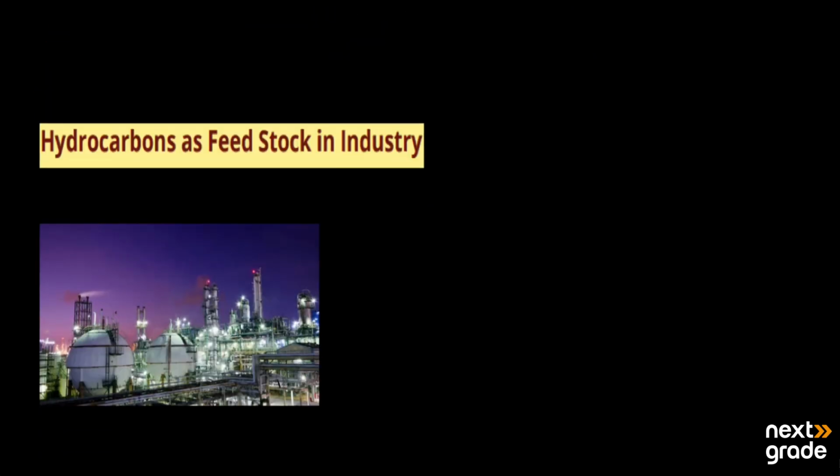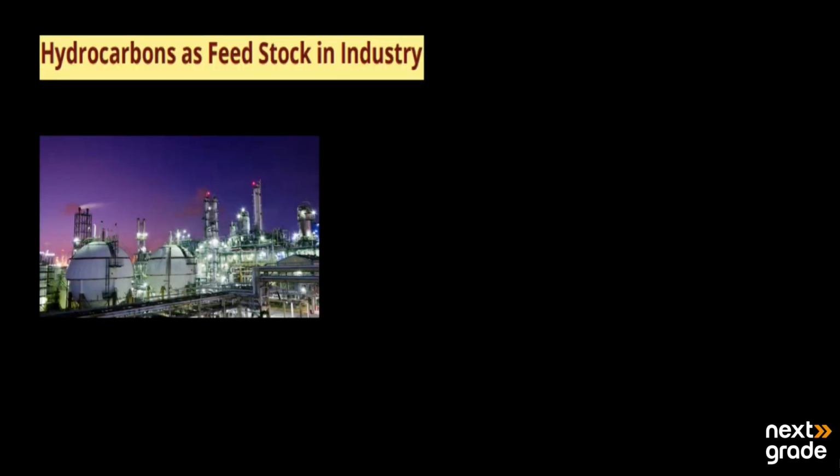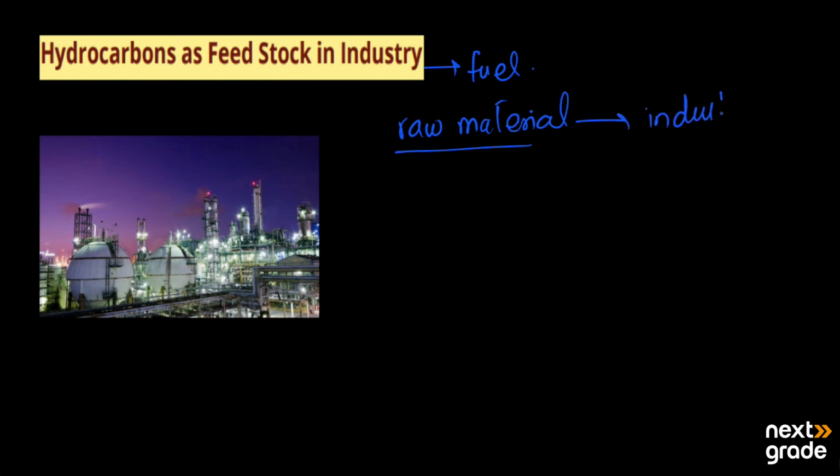Then the second use is that hydrocarbons are also used as the feedstock in industries. Hydrocarbons are not only used as fuel, but they can also be used as a raw material for different products in the industries.